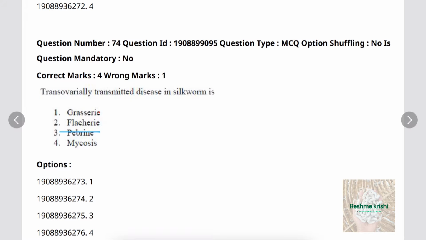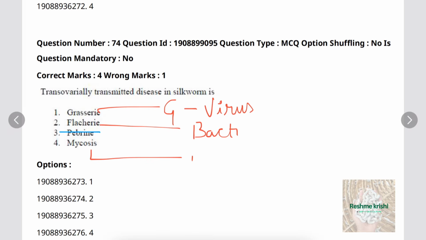Okay, by this we will see what is grasserie then. Grasserie is virus. What is flacherie? Flacherie is bacteria. What is mycosis? It is muscardine, fungus. Okay, how to remember?